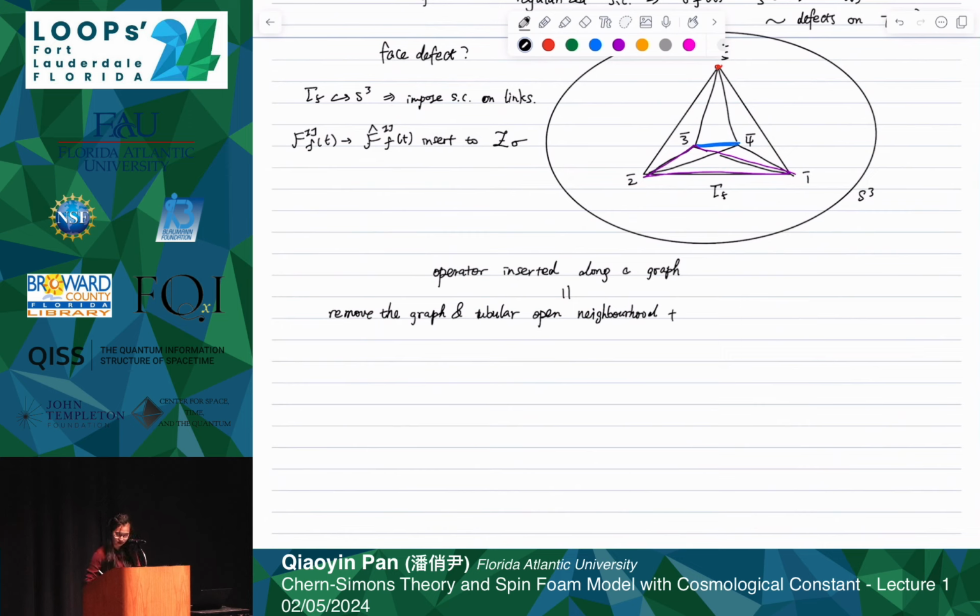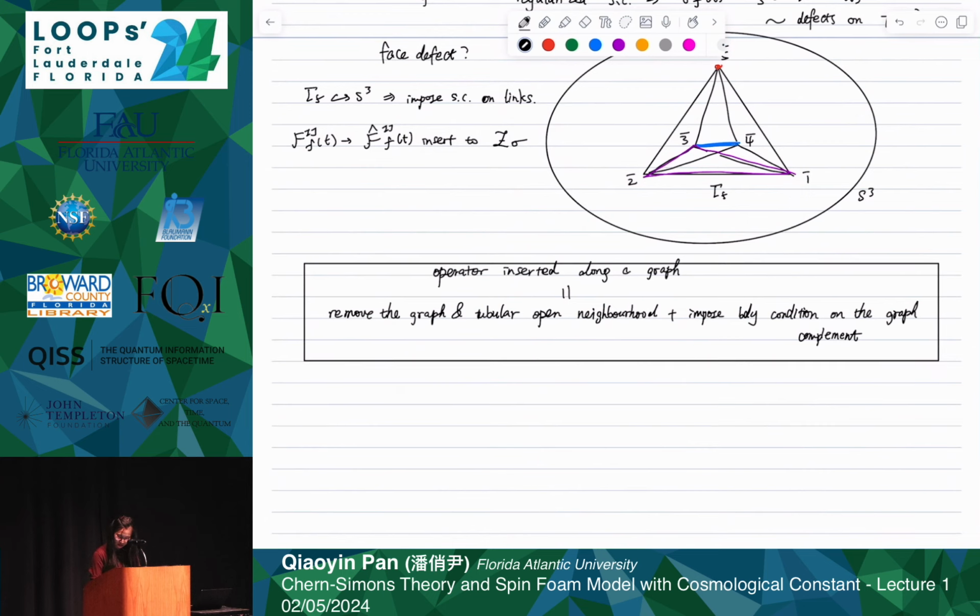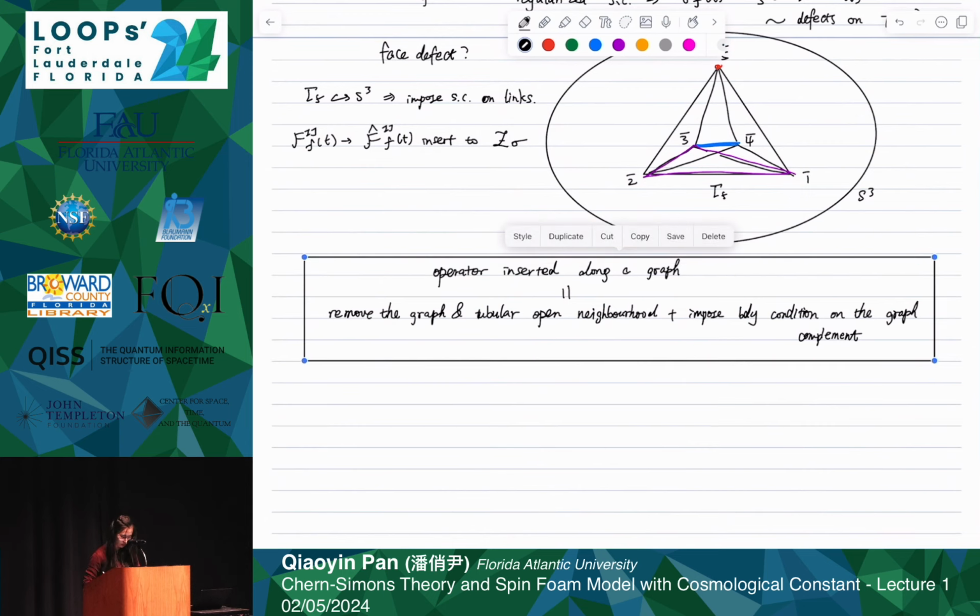And then we impose a boundary condition on the graph complement. The graph complement just means that I just remove the graph from the three manifold. And this comes as a second idea to build up the spin form model.